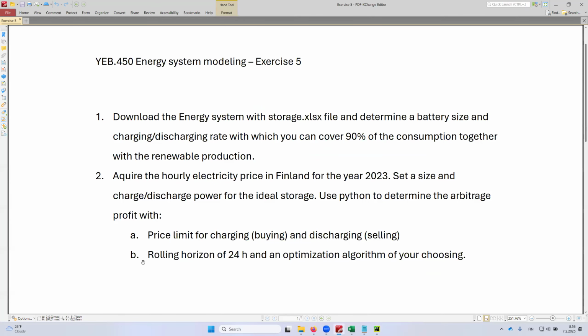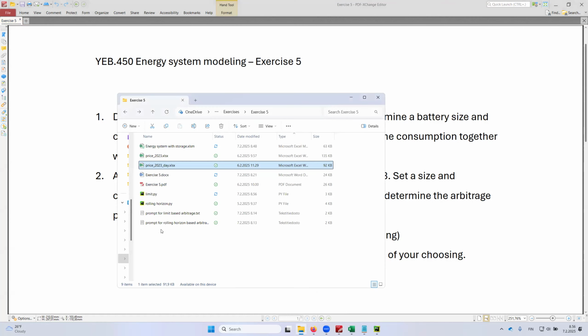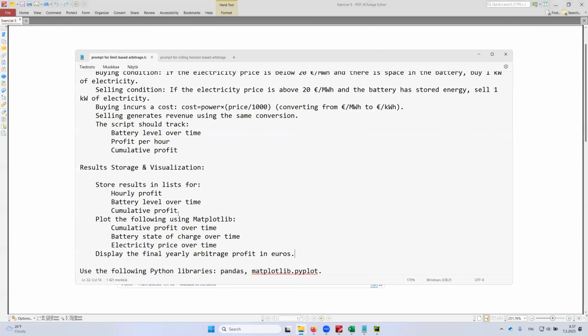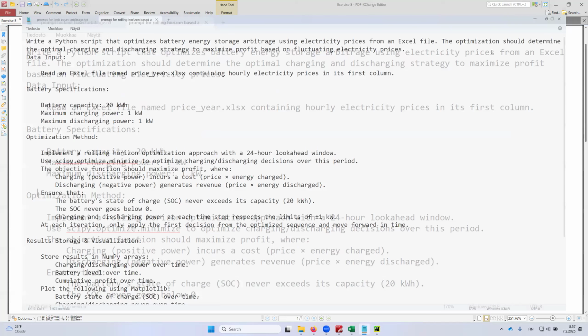And the other one was using this rolling horizon of 24 hours and an optimization algorithm of your choosing. Again, I have a ready prompt that you can use, but it's better, of course, to make your own prompts and be specific, precise.